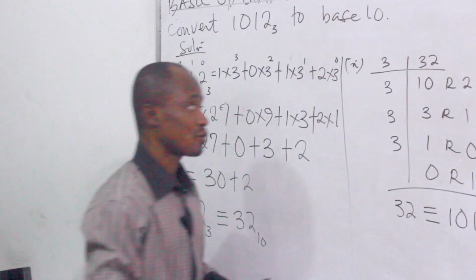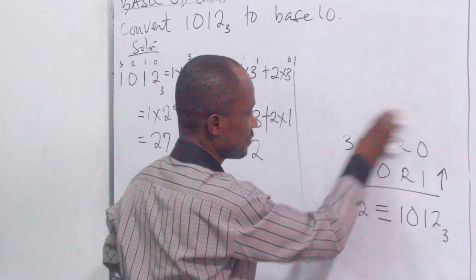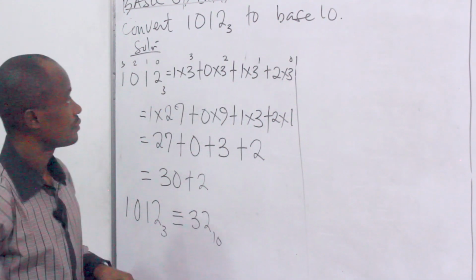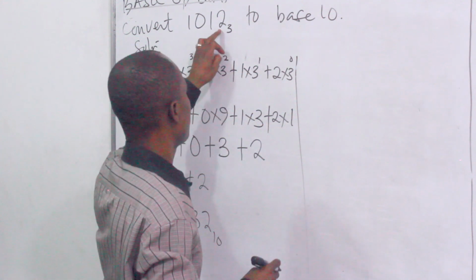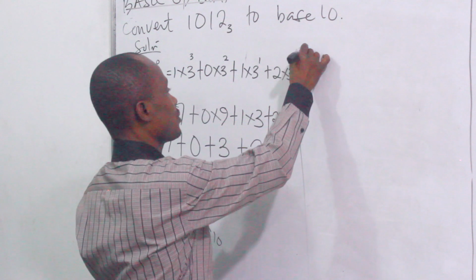Another area that students may come across questions on number base is this. Having known that the value here is 32, students may be asked, look at this. Let's say example 2.